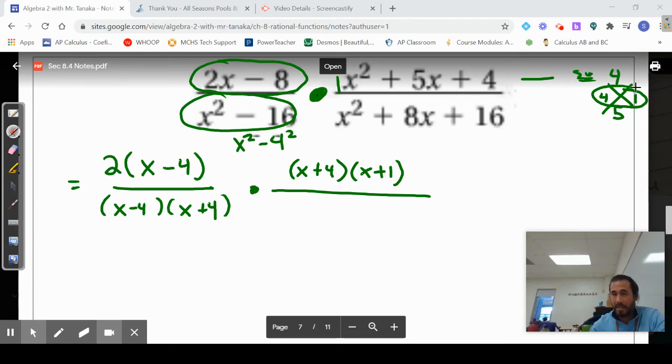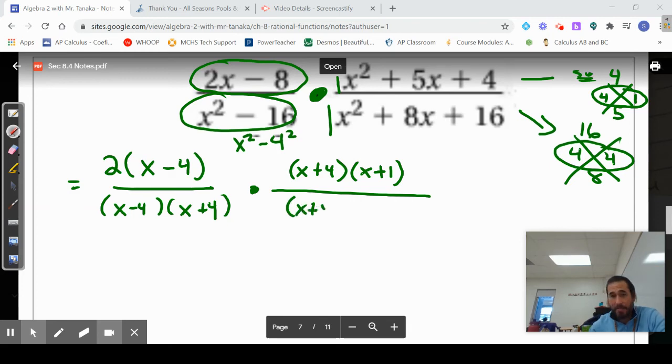That's a plus 1. Let's do this guy, right? Spling, spling. I can do it the fast way because there's a 1. 1 times 16 and an 8. Well, whew, a lot of ways to get 16. 1 and 16, nope. 8 and 2, nope. 4 and 4, right? Multiply to get 16, add together to get 8. So we got x plus 4, x plus 4.